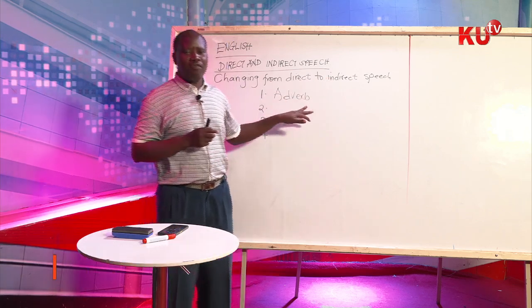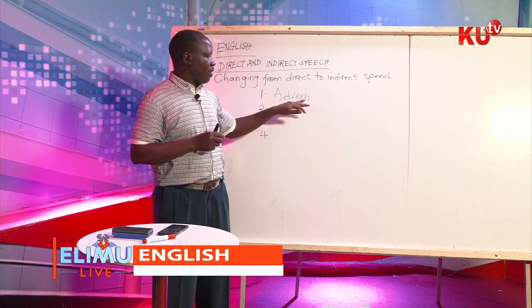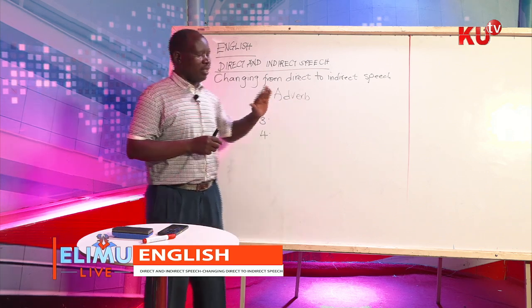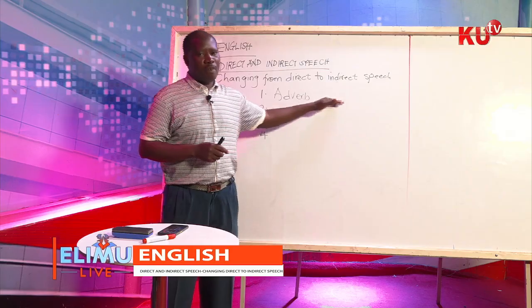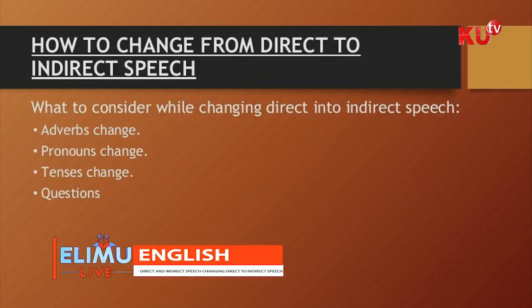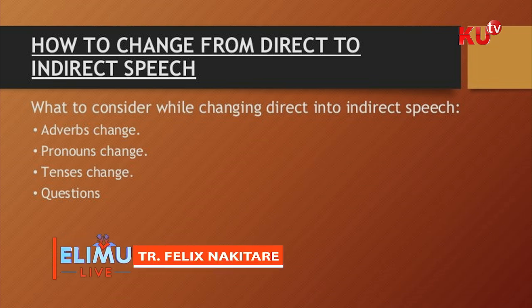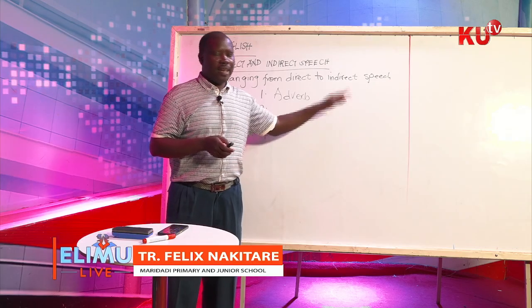Make sure any adverb that you have in your sentence, it changes. We shall see which adverbs these are. It can be adverb of place. For instance, the word here changes to there. It can be adverb of time, and in adverb of time, a word like tomorrow will change to the following day.